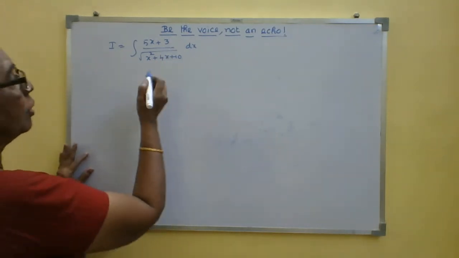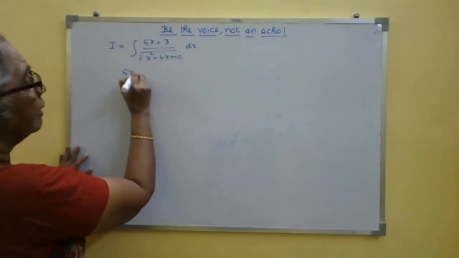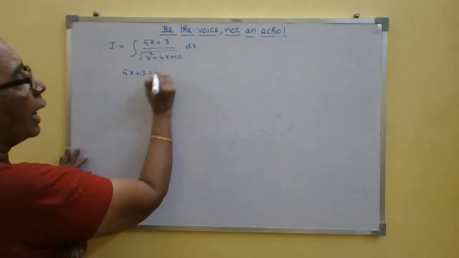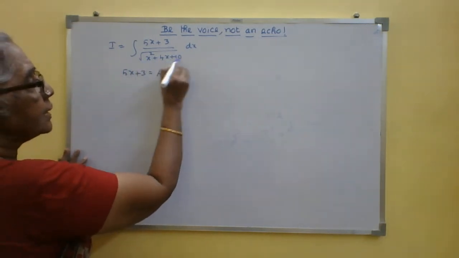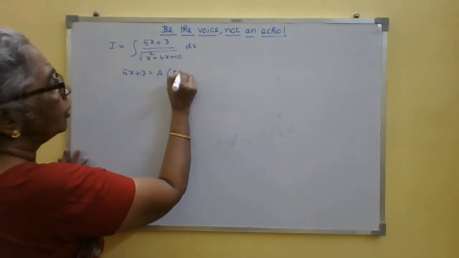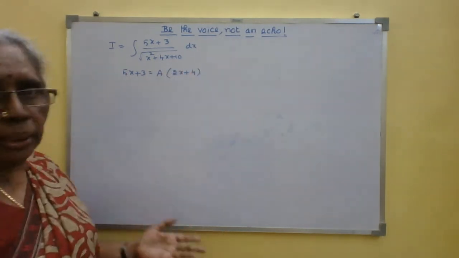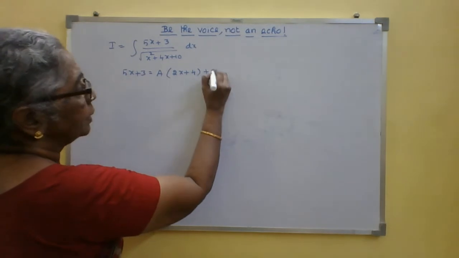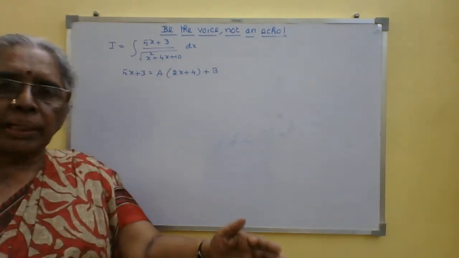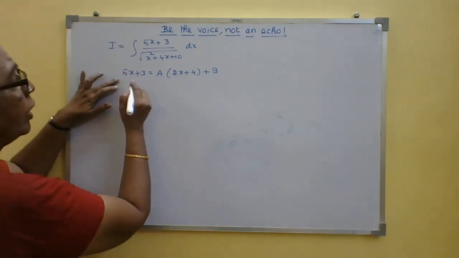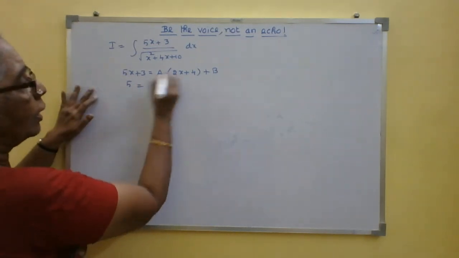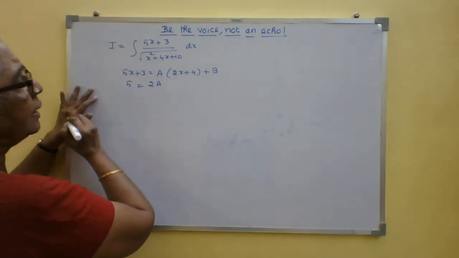So go to the same concept. You have to write the numerator equal to a into d by dx of the quadratic. Just take the quadratic, and if you differentiate, you will be getting 2x plus 4. Then plus b. Again we have to equate the coefficient of x. What is the coefficient of x here? 5. What is the coefficient of x here? 2a.